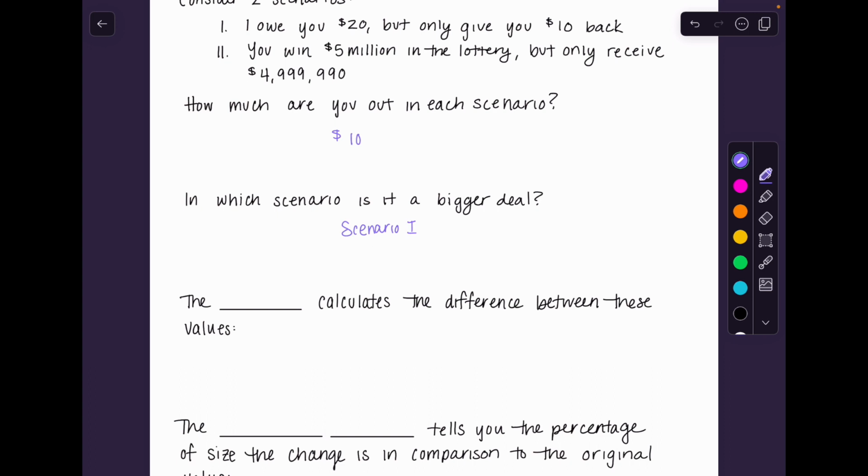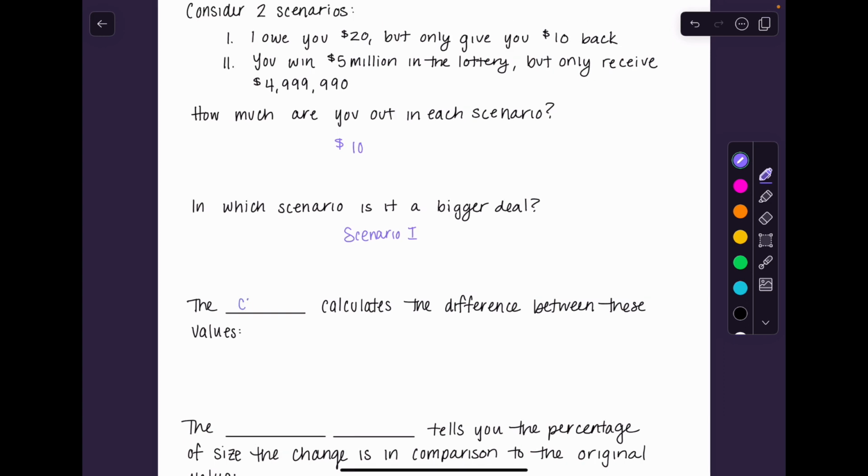In the case that we're losing $10 in each scenario, this is going to give us a quantity we call our change. So the change calculates the difference between two values. I'm going to use words for this first. The change is your new value minus your original value.